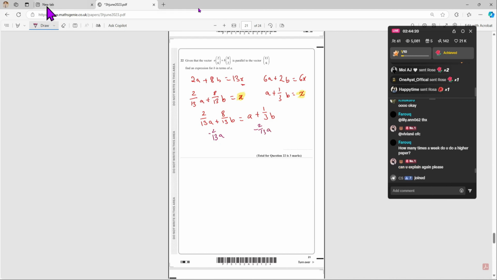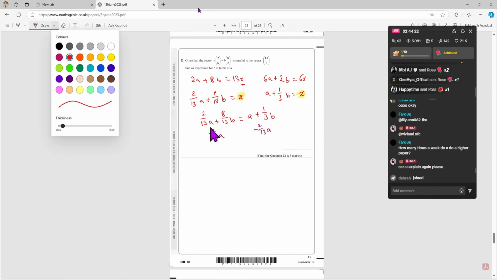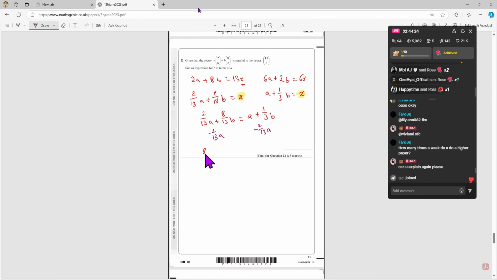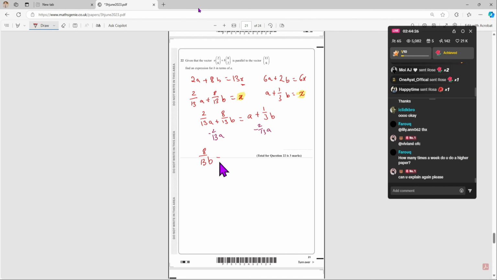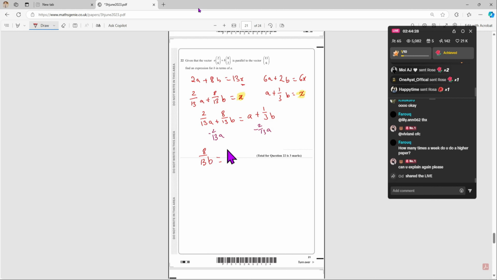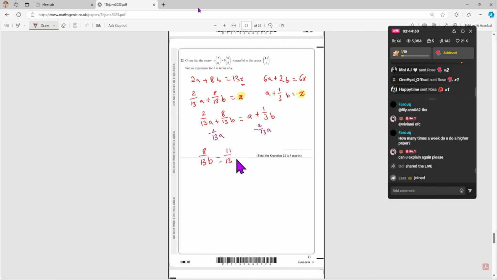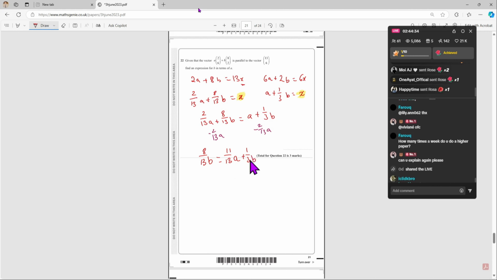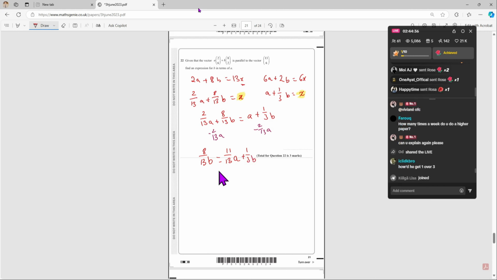Then, once you've done that, you would end up with 8 over 13b is equal to 11 over 13a plus a third b. How did I get 1 over 3? Because I divided this whole equation by 6. 2 divided by 6 gives you 2 over 6, which is the same as 1/3, okay?